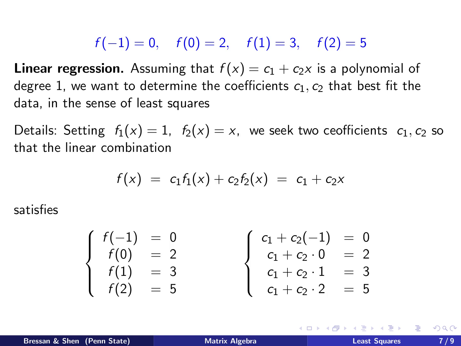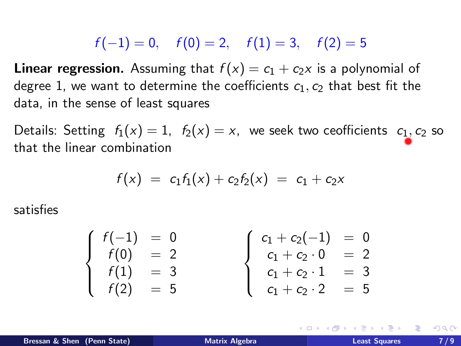Okay, let's be patient and write out the details of the problem that we will formulate. We set two functions here. The first is f1, which is the constant 1, and the second is f2 of x, which is x.